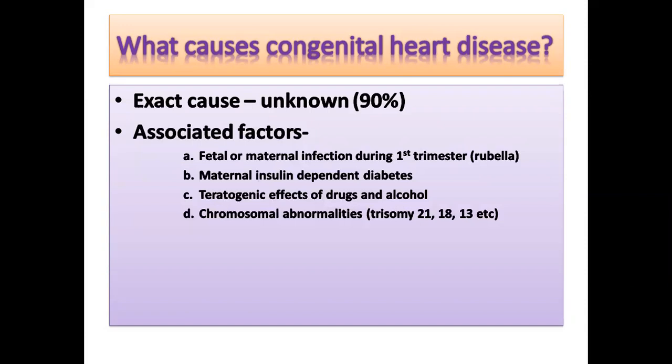The next is the teratogenic effect of drugs and alcohol. We already know that very well. The side effects or adverse effects of certain drugs, particularly those used for chronic disease conditions, will affect the developing fetus. The next is chromosomal abnormalities, such as trisomy 21, 18, and 13.